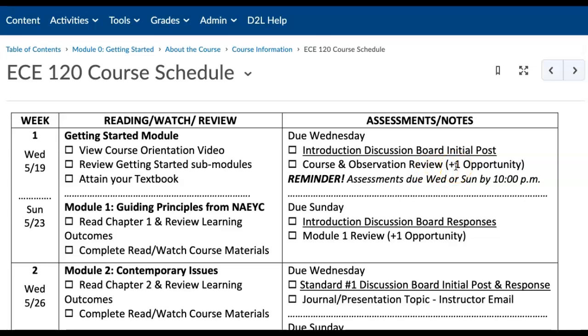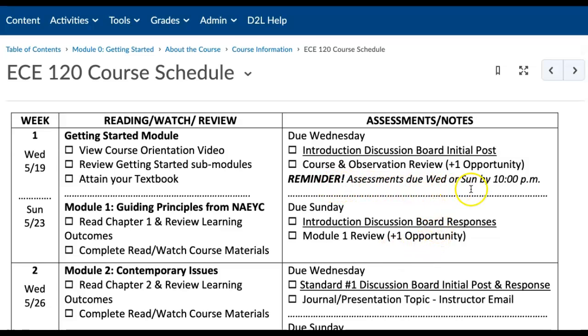It is a +1 opportunity, and when you read the course information, submodule information, and documents, you can read more about the +1 opportunities. In short, these are to support your success and will expand upon your learning specific to the content we're reviewing for each week.